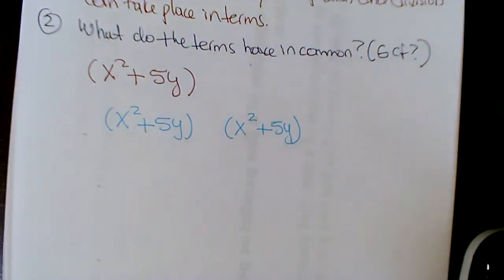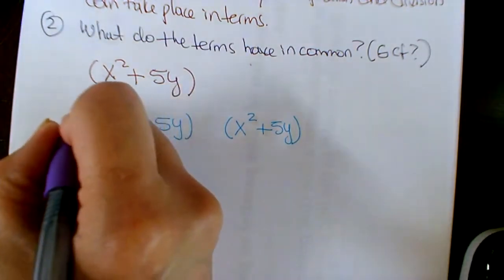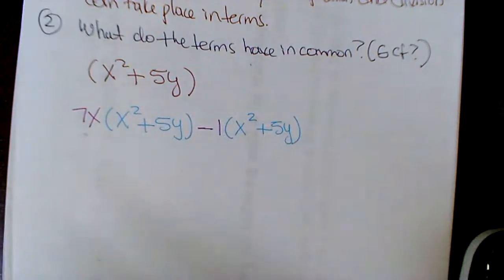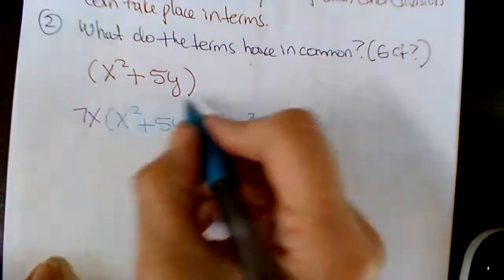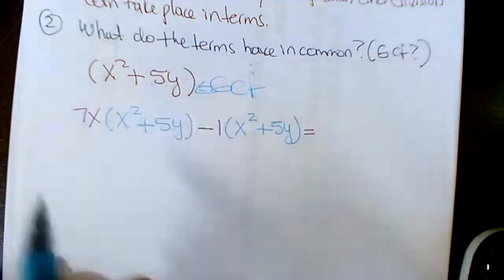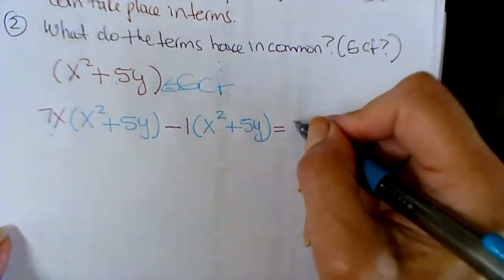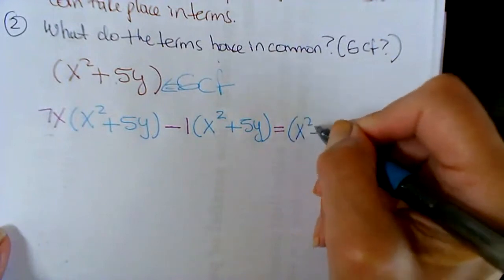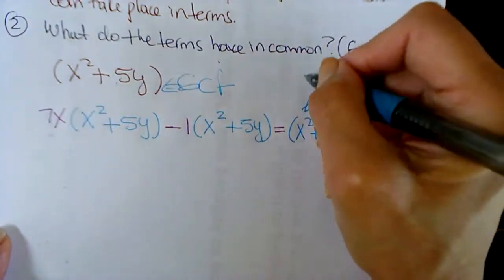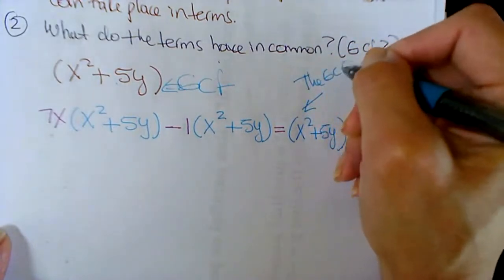So then I have, let's write down the 1 there. So first, this is my greatest common factor. This one. So if I'm going to factor it out, it will be x squared plus 5y. Okay? So this is my greatest common factor.